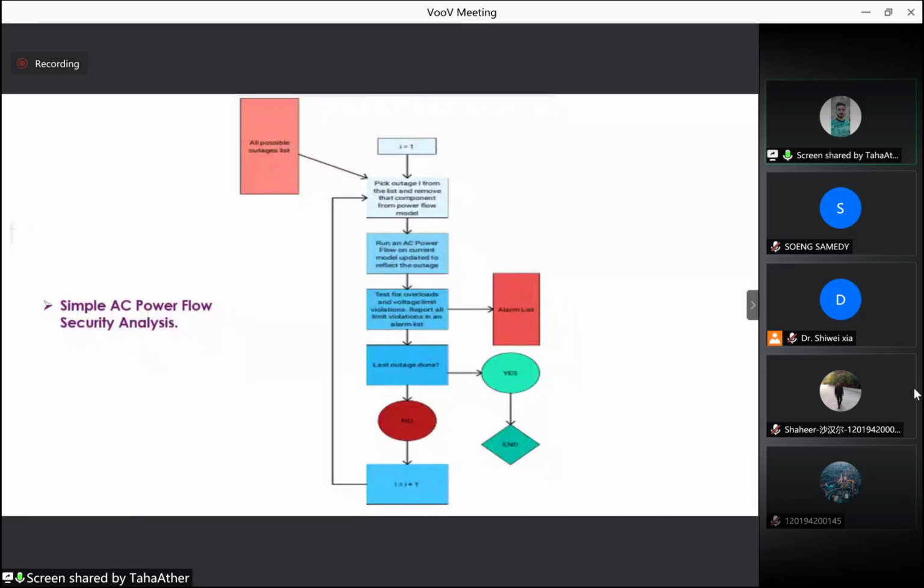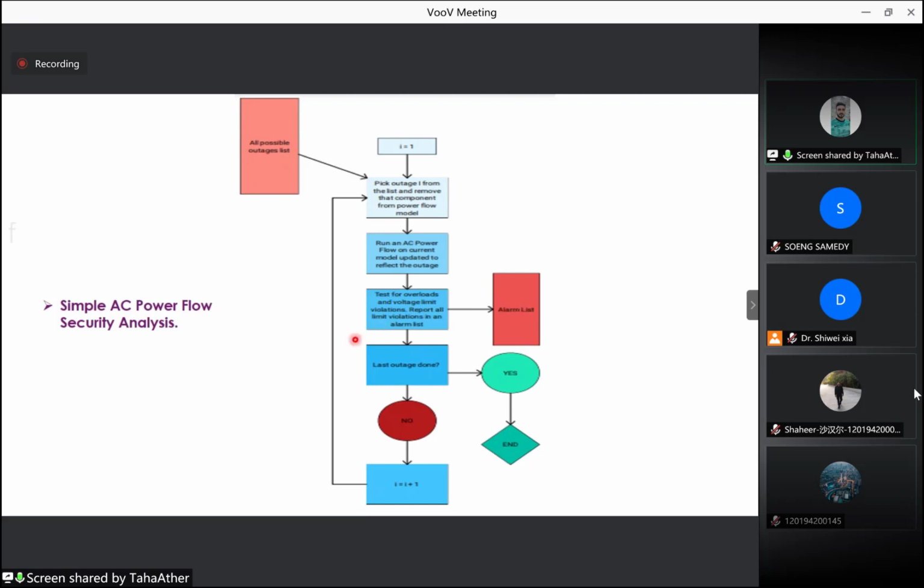This is a flowchart of a simple AC power flow security analysis. Here we can see that we take all possible outages that can occur, and i is equal to one, taking each outage at a time and carrying it on through the cycle until an alarm is raised, and this goes on.